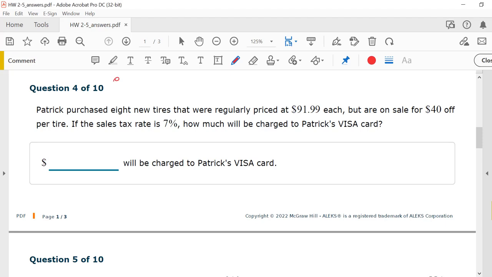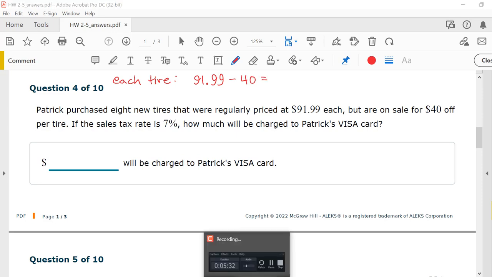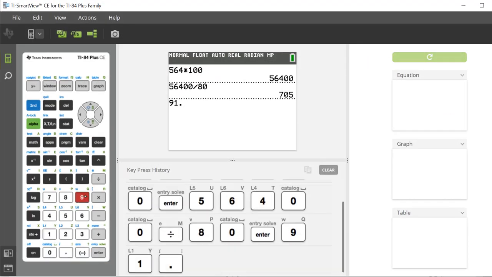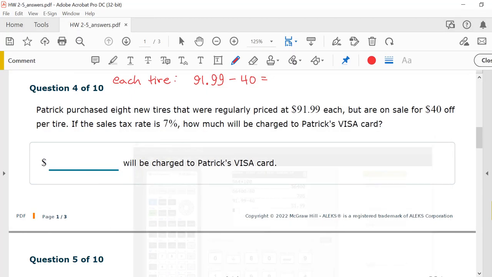For each tire, they were normally $91.99, but they're $40 off. So $91.99 minus $40 is $51.99 for each tire.